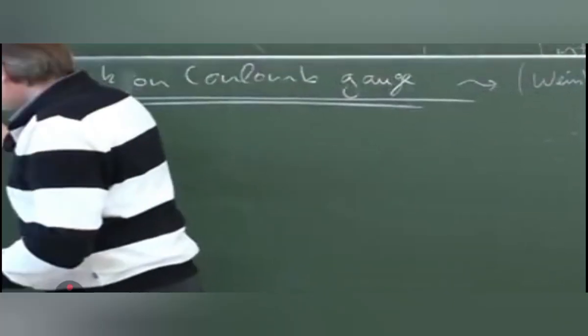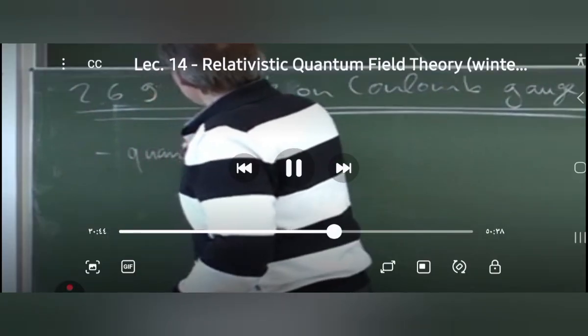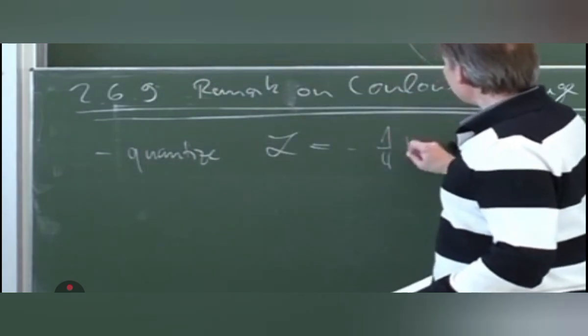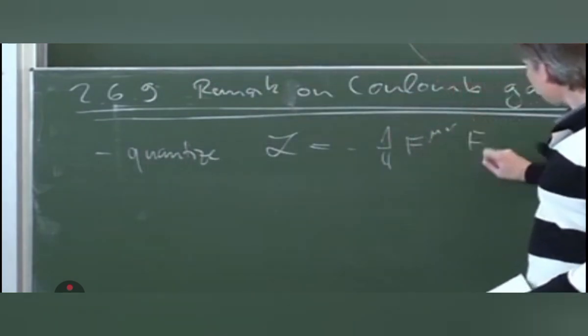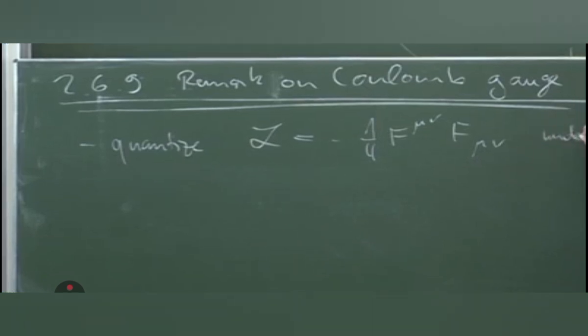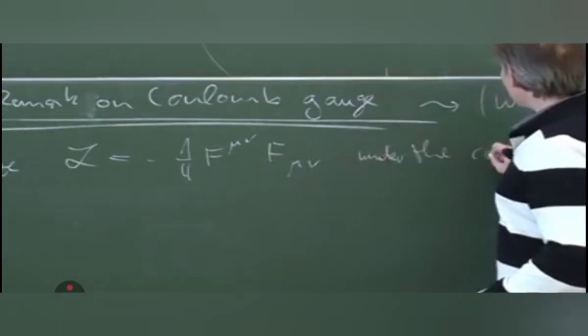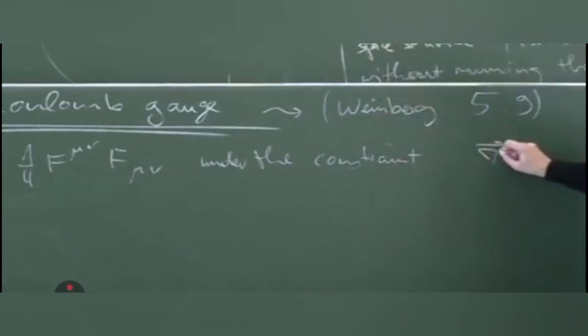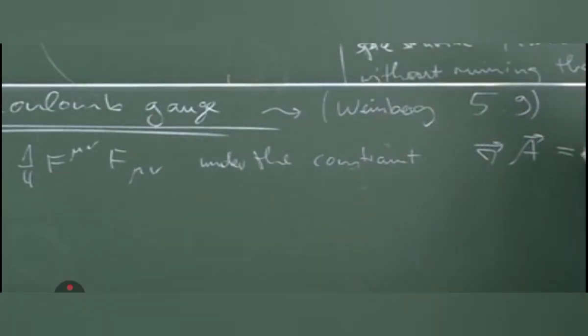So let me just sketch what happens. You quantize the original gauge invariant Lagrangian directly, but under the external constraint of the Coulomb gauge, which is nabla A equals 0.